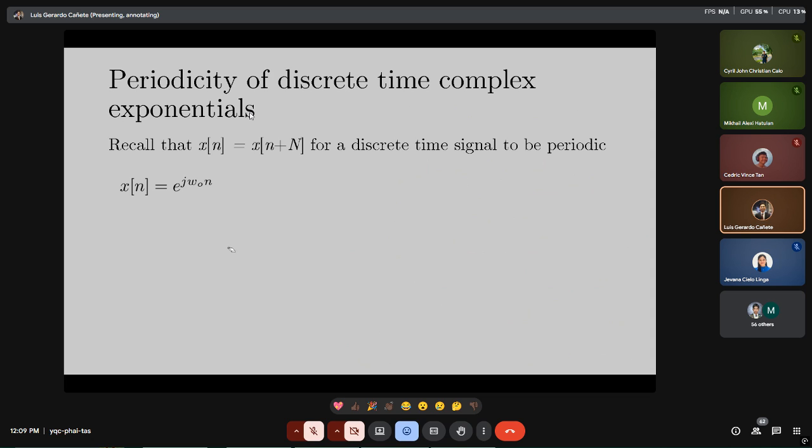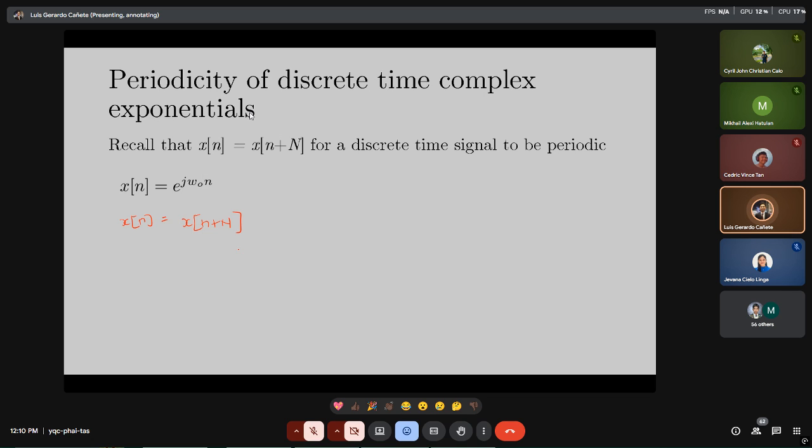But this isn't the case in the discrete time case. And what we mean by this is that this is supposedly something that is periodic. And by the same logic or the same derivation that we went through, we can show that you can have some integer.